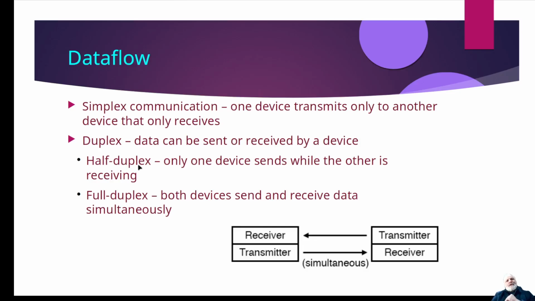If you're doing half duplex, it means that you basically have one set of wires and you can only send data while the other is listening. And then when the other node wants to send data back, you have to stop and listen. But if you do full duplex, you can actually be sending transmission and receiving transmission at the exact same time.